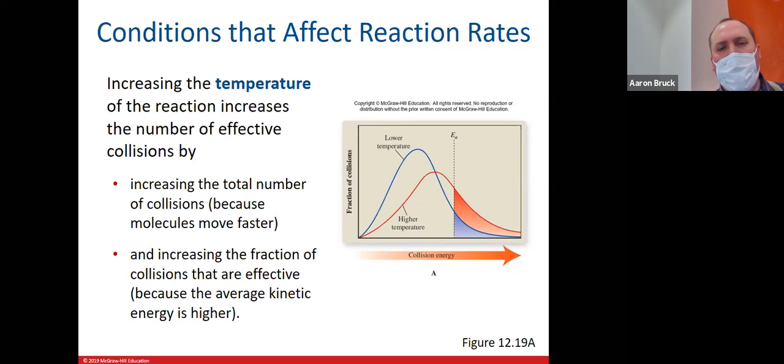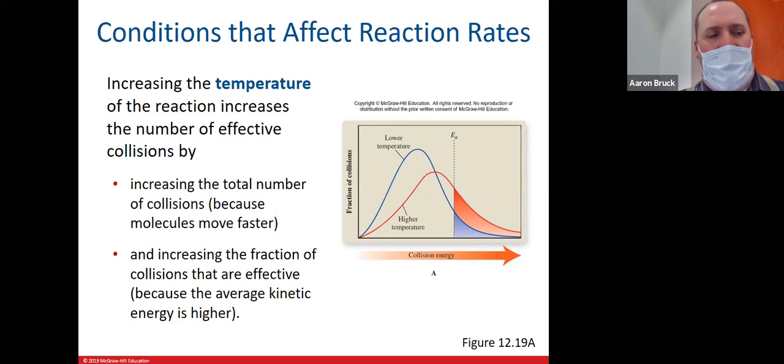So this has a twofold effect. First of all, because the molecules are moving faster, they are more likely to collide with each other. As we saw in the previous slide, simply increasing the number of collisions will result in a greater extent of the chemical reaction.